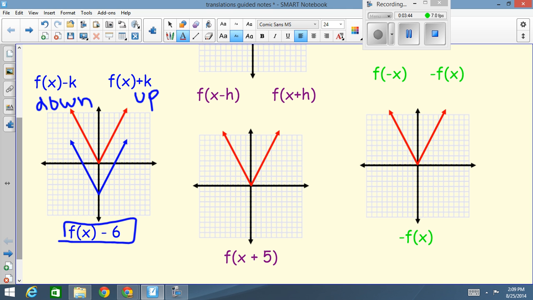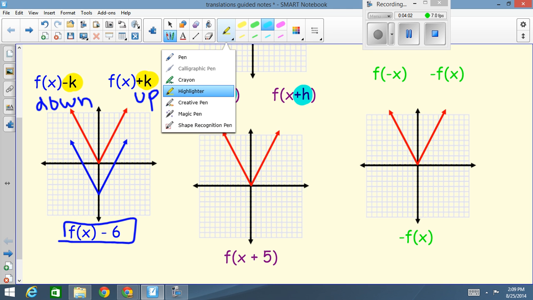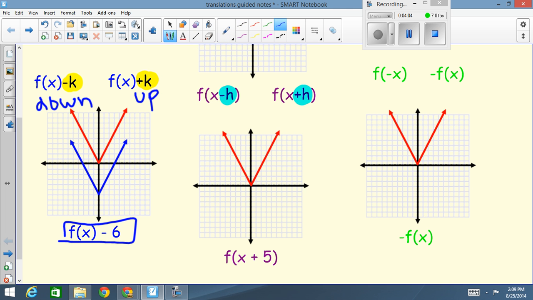Note that, because this is one thing that does confuse people sometimes, here the things are happening outside of the parentheses. The second thing we're going to look at is if there's an adding or a subtracting on the inside of the parentheses, and it actually does something different. This actually turns out to be the opposite of what you might expect.